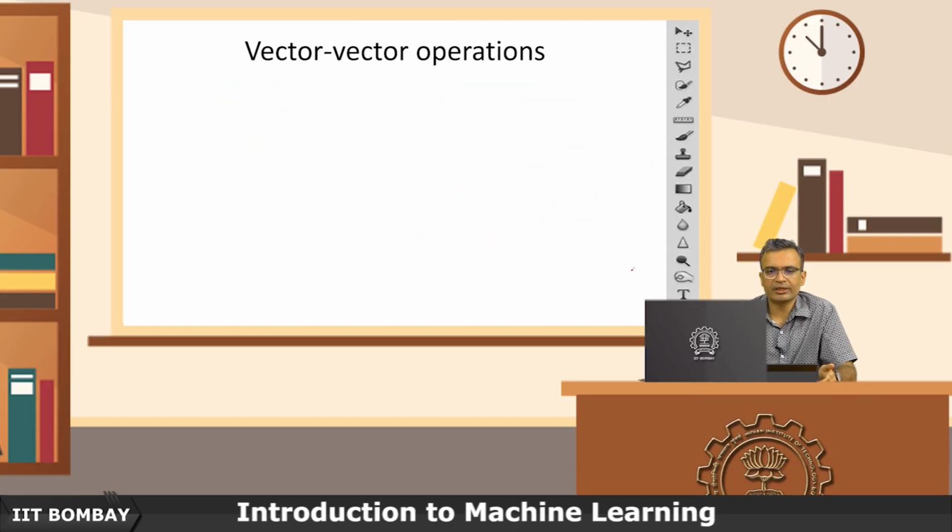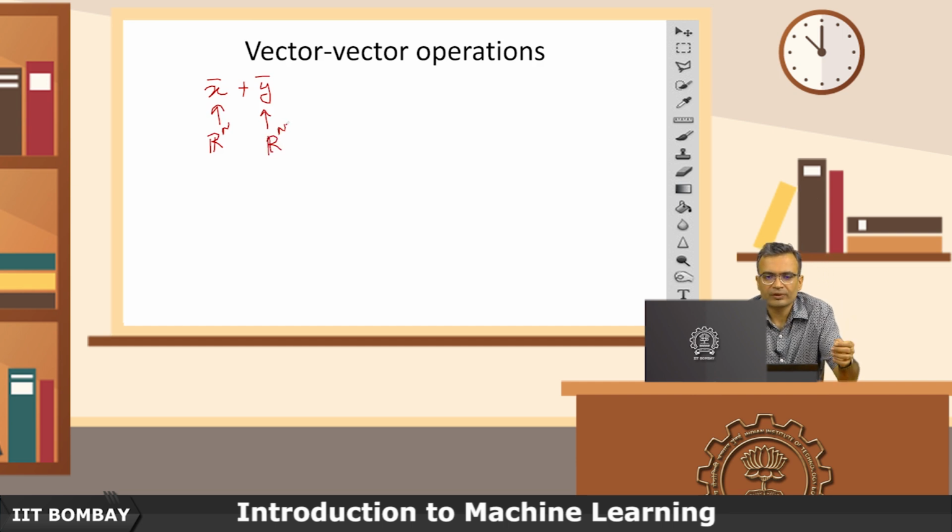This brings us to the next set of operations that you should be familiar with. These are vector operations. Let's say we have two vectors x and y. These two can only be added if they both have the same dimension. So this has to belong to r to the power n and this also has to belong to r to the power n.